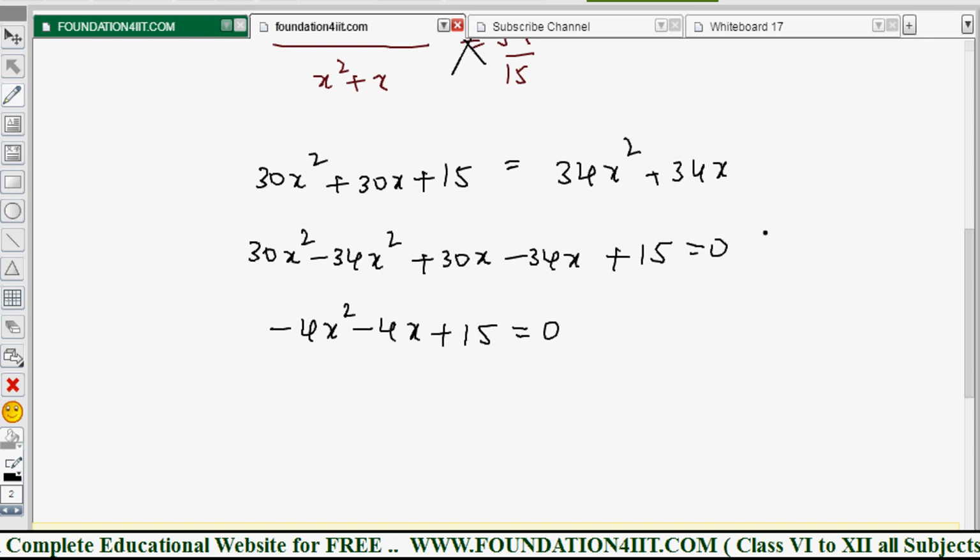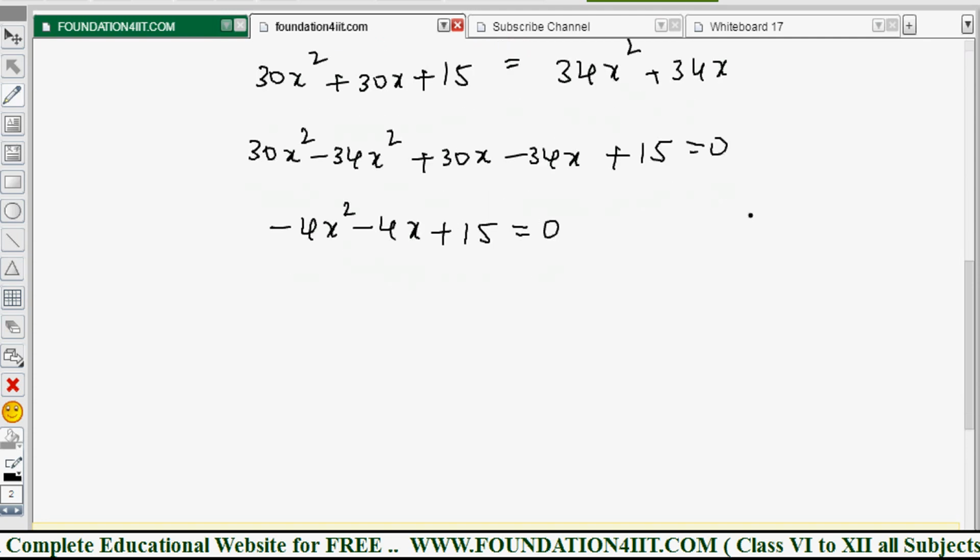Make the x square term always positive, then it will be easy for you. Whenever the x square term is negative, just change all the signs: multiply both sides by minus. So minus 4x square is plus 4x square, and this is plus 4x minus 15 is equal to 0. Minus 0 is only 0, there is no negative 0.